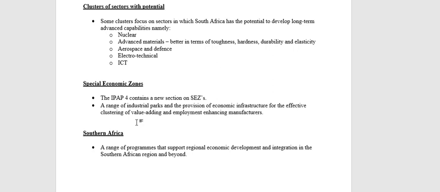All right, the idea is that we focus, these are not developing areas. We only have one SEZ in our country, and that's the industrial area surrounding OR Tambo Airport. Okay, so obviously the focus here is industrial development, in special economic zones, specific areas where top-notch infrastructure is available to businesses that settle inside of these SEZs so that they can become more competitive, so that they can become more productive.